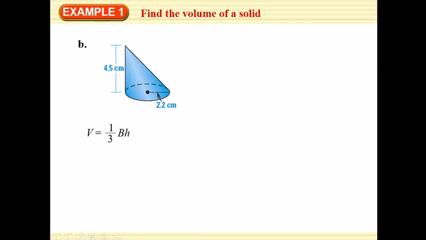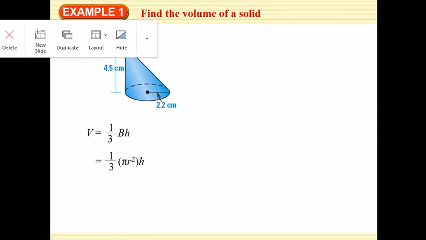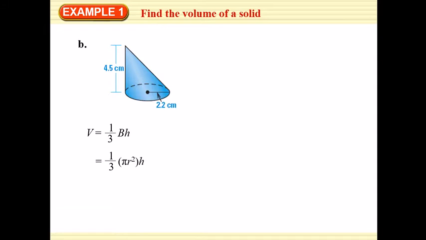So, I identify the general formula. I can get more specific here since I know the shape of my base. I substitute in my values, my radius and my height: 2.2 for my radius, 4.5 for my height. And then I go ahead and calculate it out with that 1/3 piece.